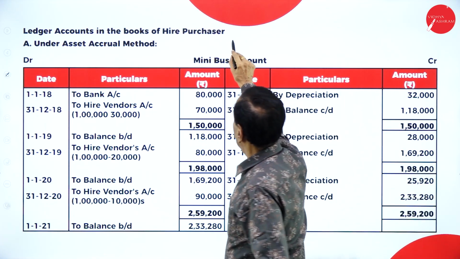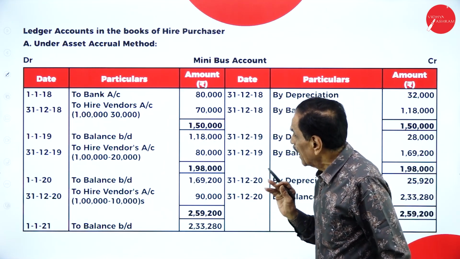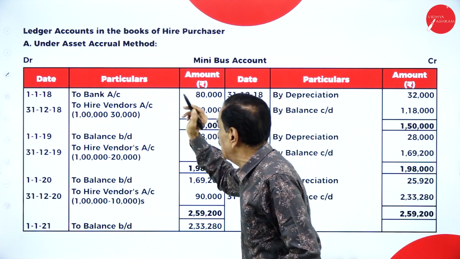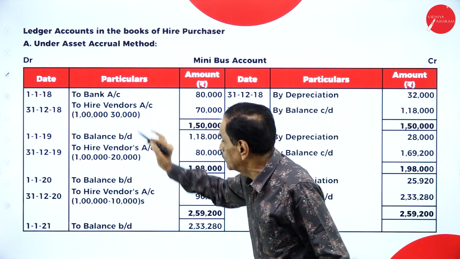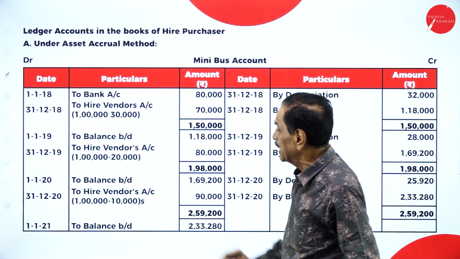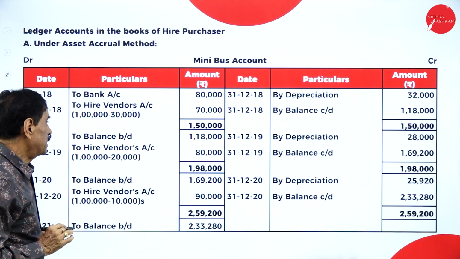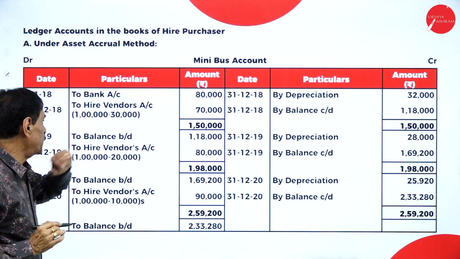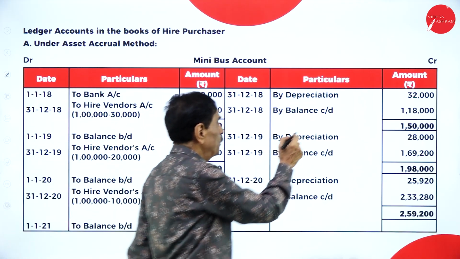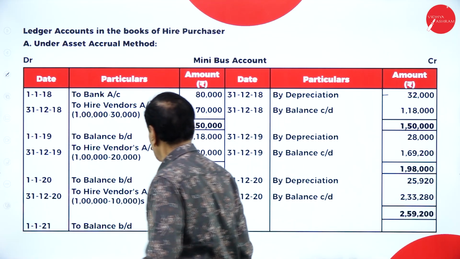Now the ledger account in the books of hire purchaser under asset accrual method. Under this method, what is the cost of the asset? 3,20,000. How much down payment is made? 80,000 to bank account. Every year you pay 1 lakh, but deduct the interest. First year interest is 30,000, so 1 lakh minus 30,000 is 70,000. Depreciation during that year is 32,000, and the balance becomes 2,58,000, which is brought down.